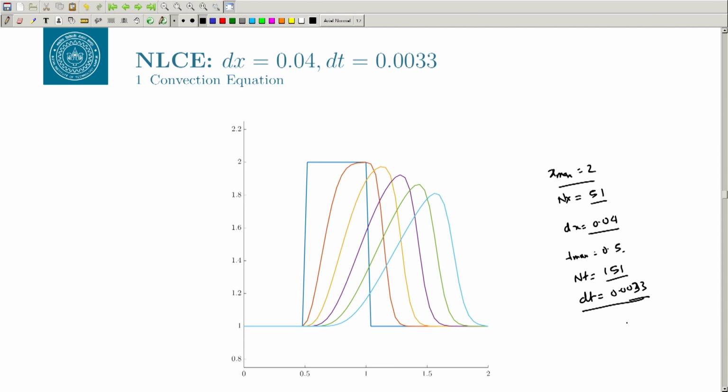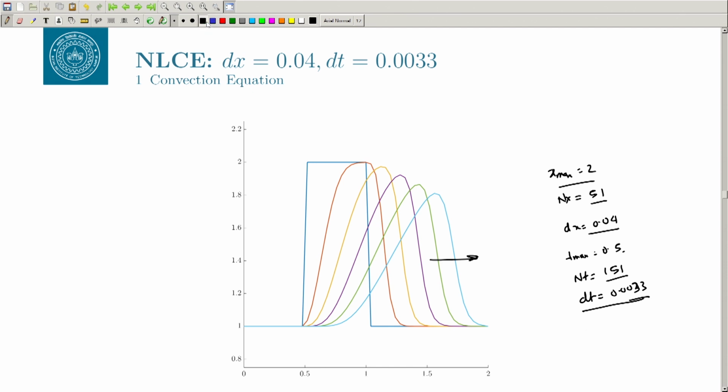You can see that our solution is now traveling to the right as we expect. But there is another important thing that you must notice, which was not there in the case of simple linear convection. What is happening here? You can see on the right hand side, this gradient is becoming sharper and sharper.